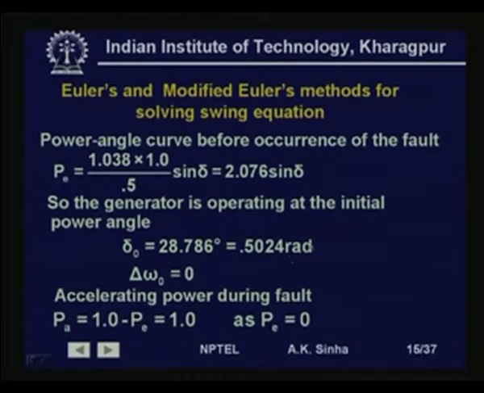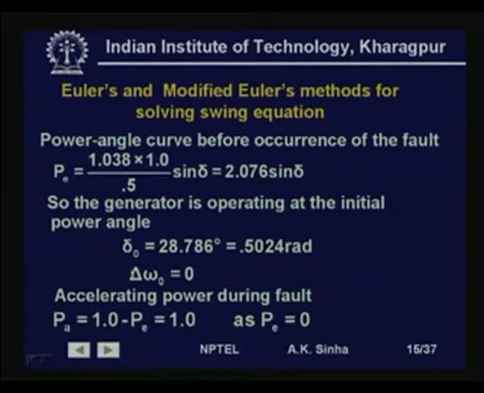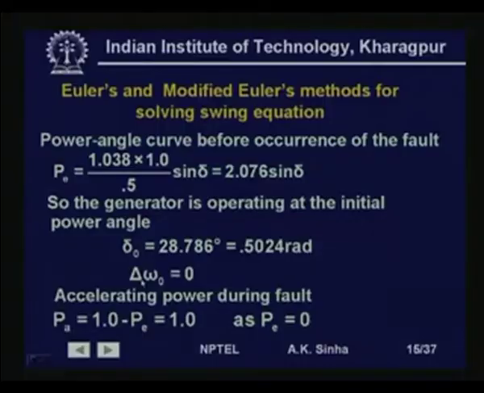This is 0.5024 radians, as we have said earlier. We always try to work in radians. Since, when the fault occurs, immediately after that the change in speed is not much, there is hardly any change in speed which takes place instantaneously after the fault has occurred. So, the change in speed, delta omega 0, is equal to 0.